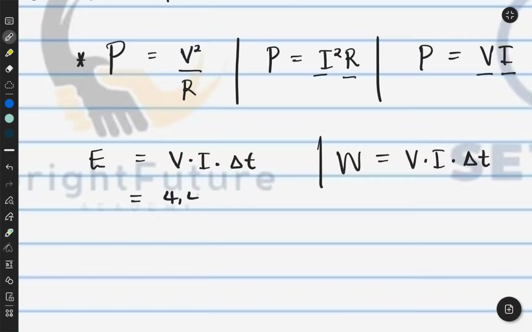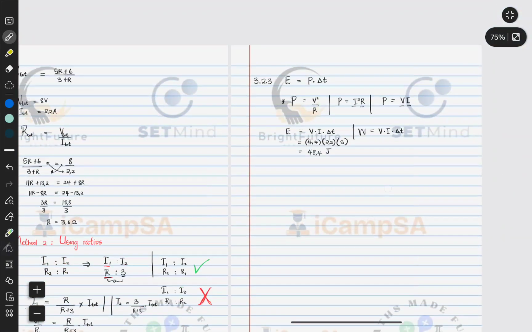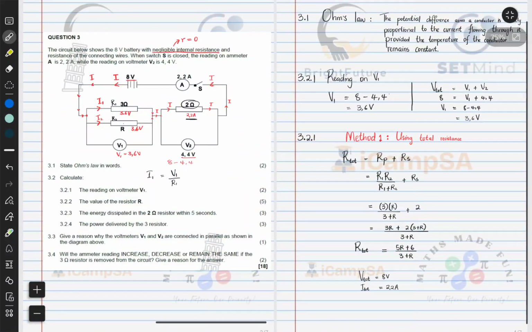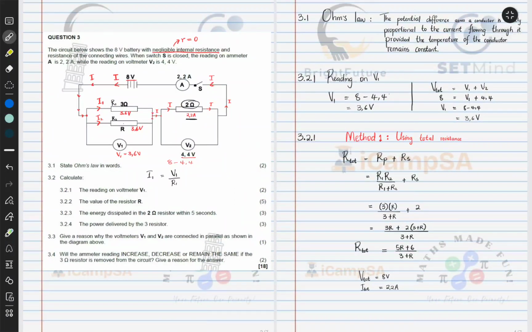I have 4.4 here. I know my current is 2.2. I've been told it's for 5 seconds. So 4.4 times 2.2 times 5. I get 48.4 joules of energy in 5 seconds. This is how much energy the resistor will dissipate within 5 seconds.